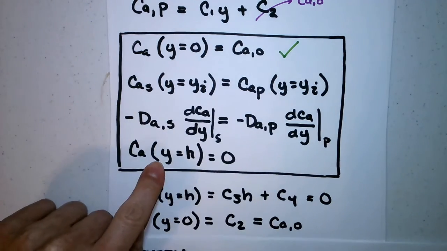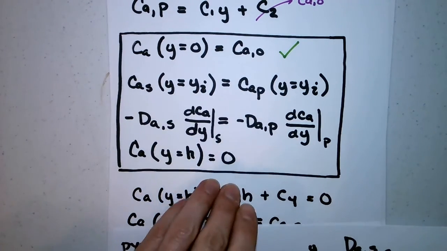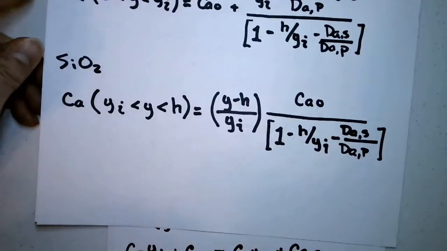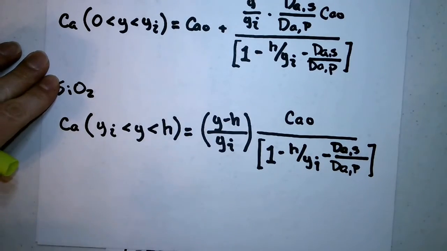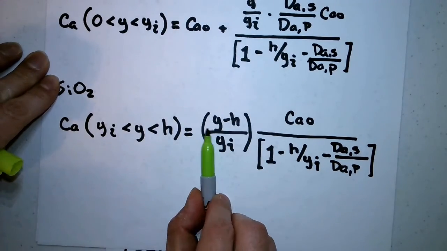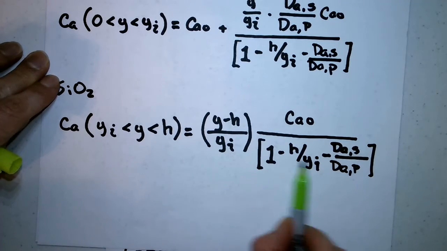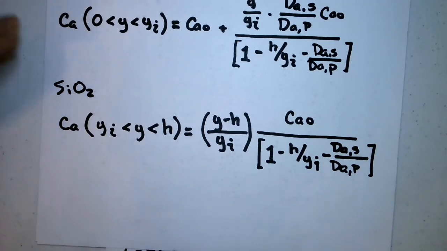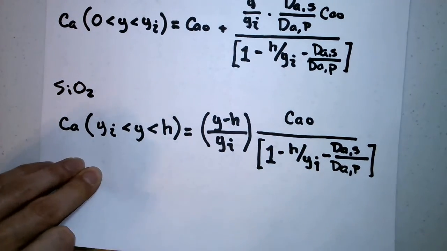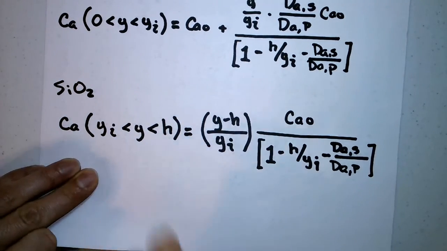And so if we plug in an H for y, we had better come up with a 0 concentration. And if we plug in an H for y, we get H minus H is 0. We get a 0 multiplying this entire function, and sure enough, we do get that the concentration at y equals H is 0.